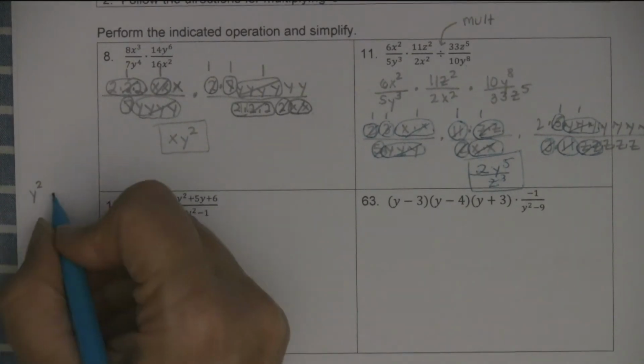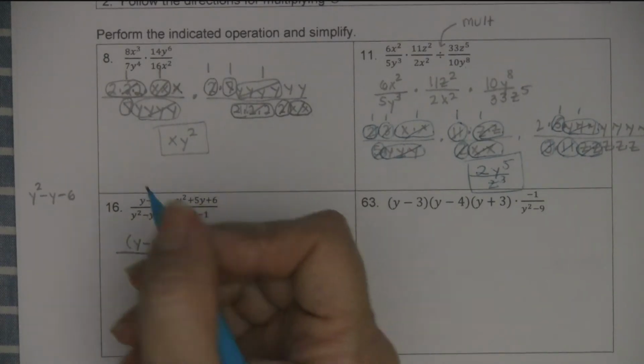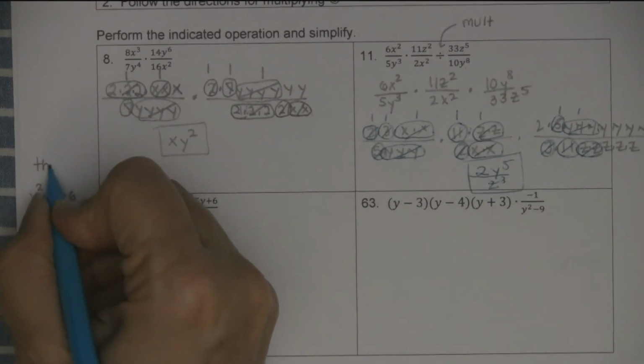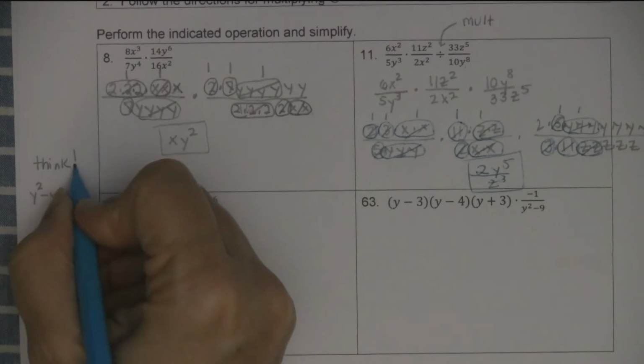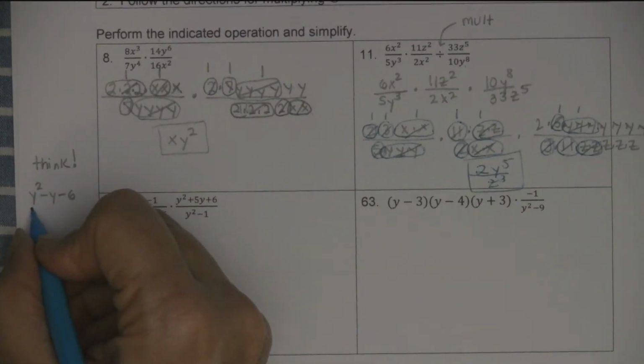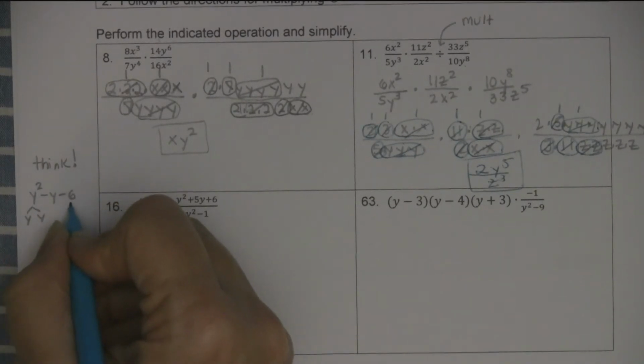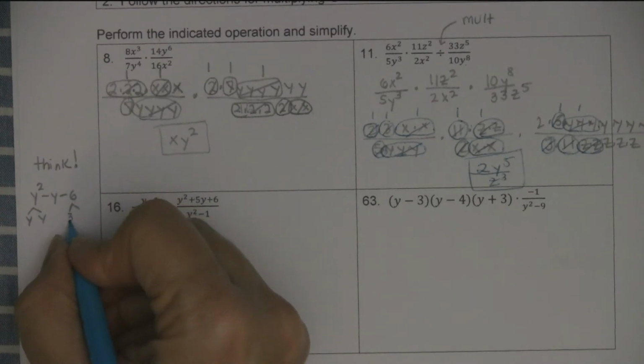Y squared minus y minus 6. And you could factor this in your head. I'm writing down what most people would just think, right? So this is what people would think, oh, it's a trinomial. It doesn't have a greatest common factor other than 1. And so it's y times y. And it could be 3 times 2.